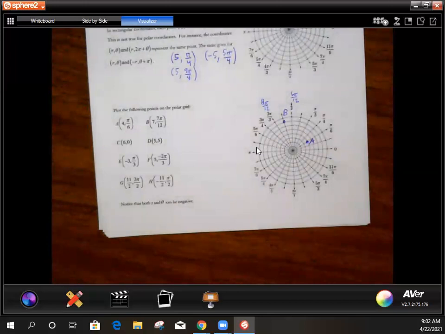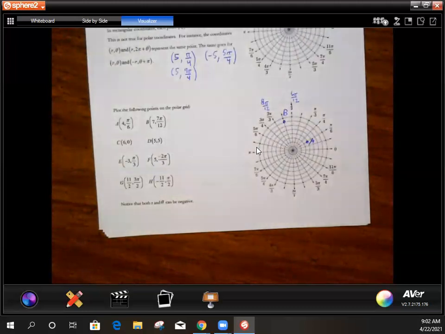So I'm pointing in that direction. That's the positive direction. So I'm moving 7π/12, and now since it's positive 7, I'm going to move that way 7. That's all the 7 means, that you're moving 7 units away from the pole.